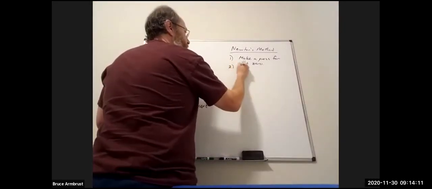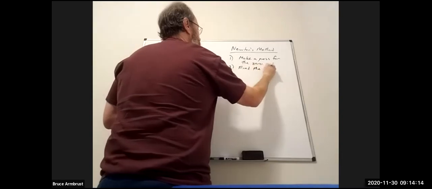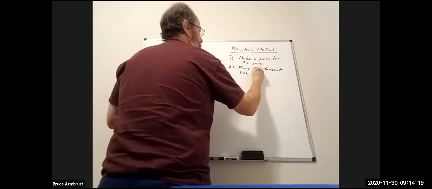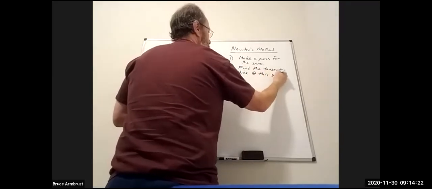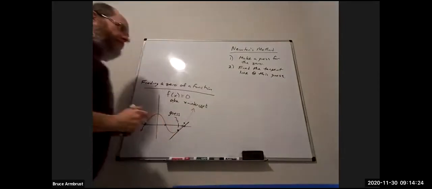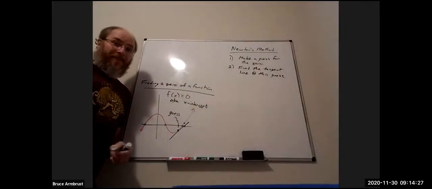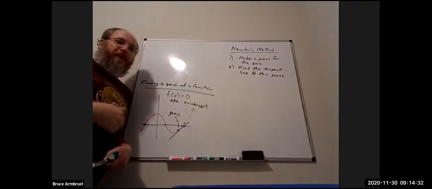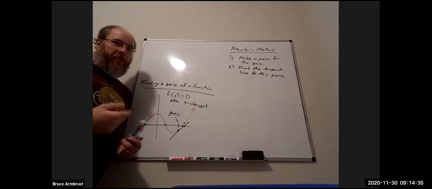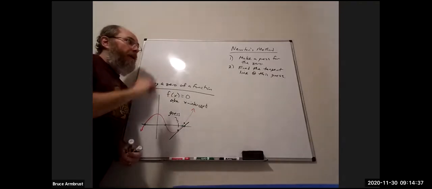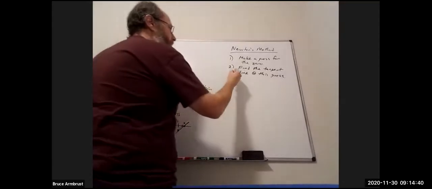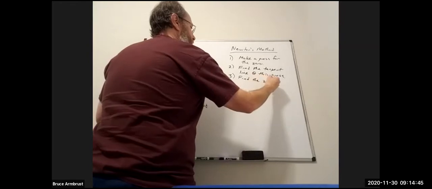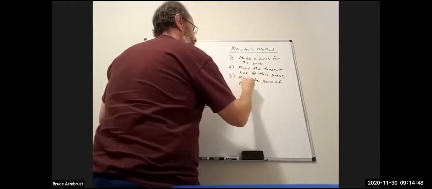So then what we're going to do is find the tangent line at this guess. We've done a ton of this. You find the slope of the tangent line using the derivative, and you get the equation of the tangent line using the point. Then find the zero of the line.